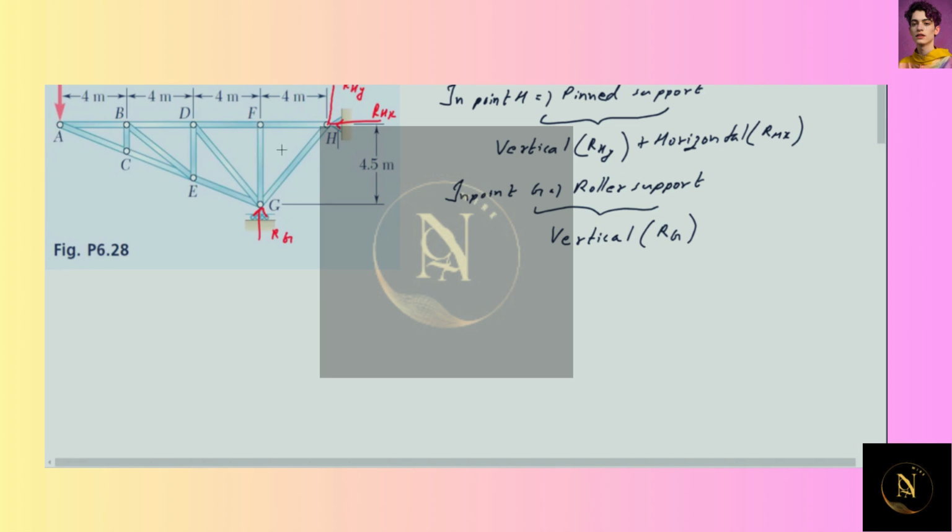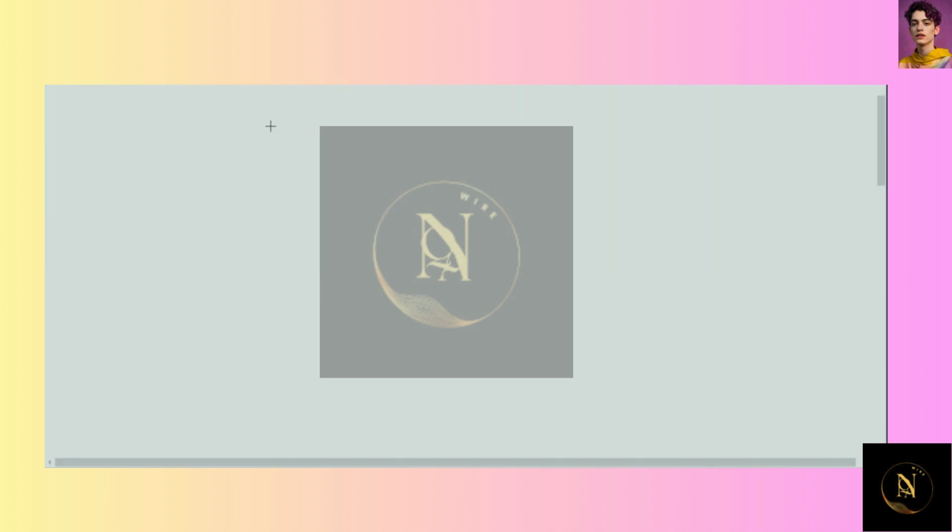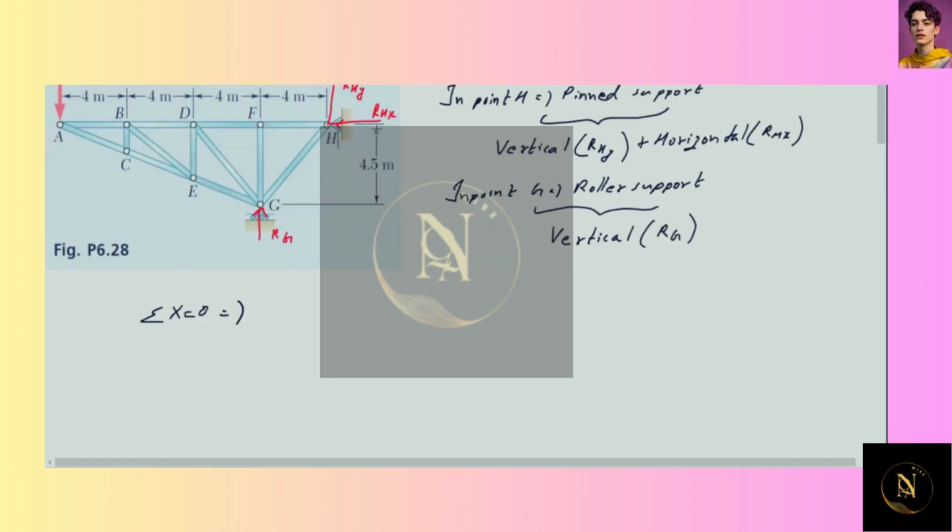So from symmetry, summation along x equal to 0 gives you the only thing along x axis is R of HX, so that will be equal to 0, and summation along y equal to 0. Now let's take the moment at H first.